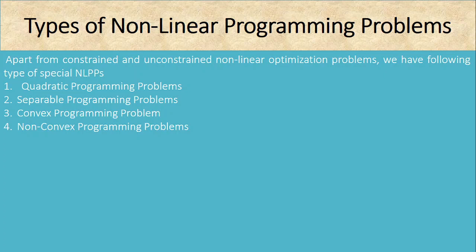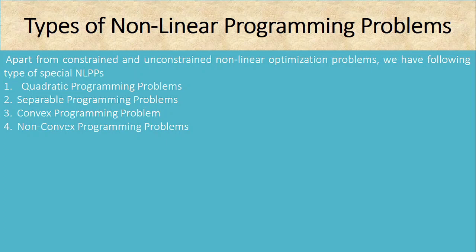So if we have this kind of nonlinear programming problem where the objective function is in quadratic form and the constraints are linear inequalities, then we say that it is a quadratic programming problem, and we have a special algorithm to solve these kinds of nonlinear programming problems.